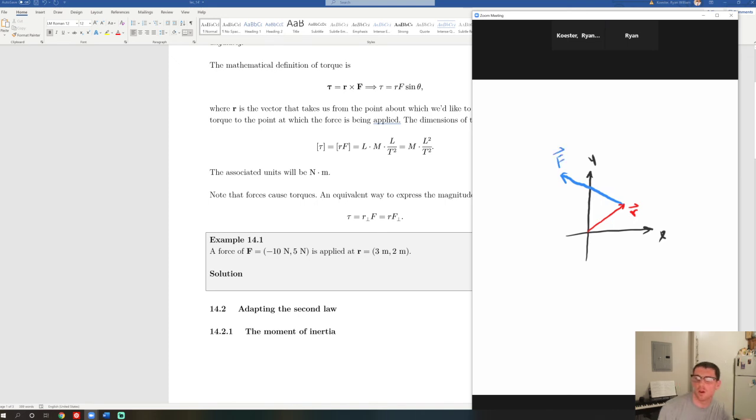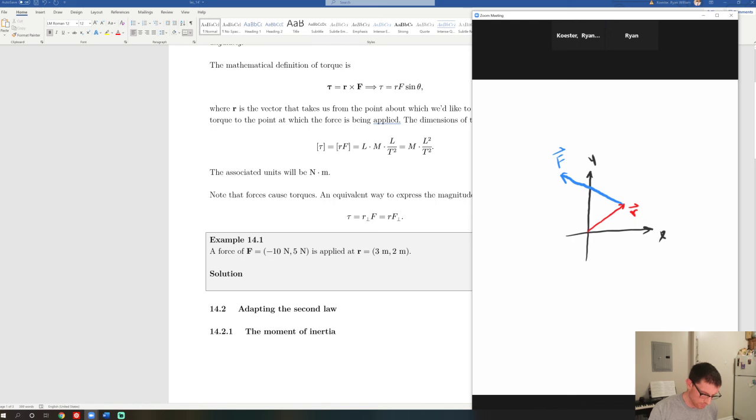Okay, so what we have is just a force and a position vector, right? And the main reason that I wanted to sketch this is just to convince you, even though you probably didn't need to be convinced of this, that these vectors, the force vector and the position vector, lie in the xy plane, which means that our torque is going to point in either the positive z or negative z direction, right?